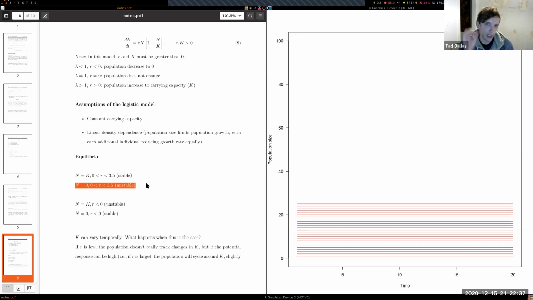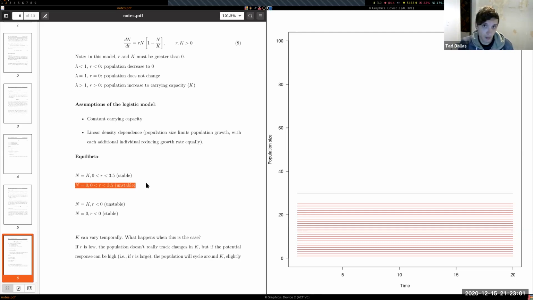And so we have a population size of 0, and we have a little r that is something non-zero, right? Because if little r is less than 0 and population is 0, that is a stable equilibrium. Because if I perturb that system, it's going to go back to 0 because the population growth rate isn't high enough to support the population. So it's just going to go back to 0, stable equilibrium.